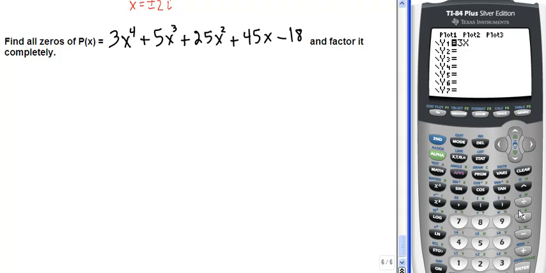So 3x to the 4th plus 5x cubed plus 25x squared plus 45x minus 18. And if I hit graph, we don't see a whole lot on our graph, but it looks like I've got a zero over here at negative 2.